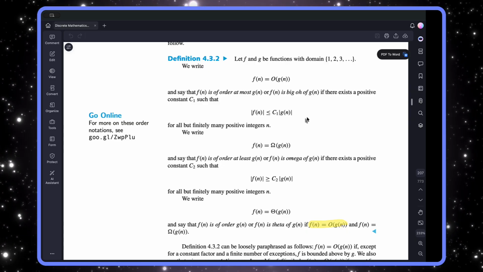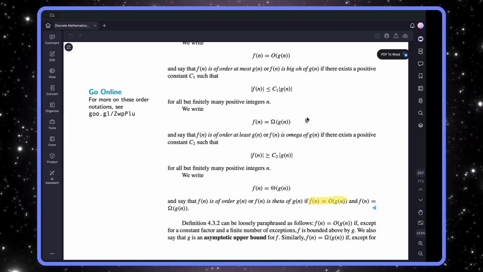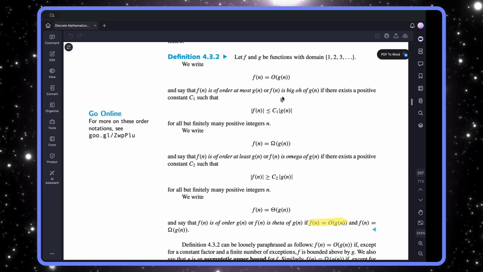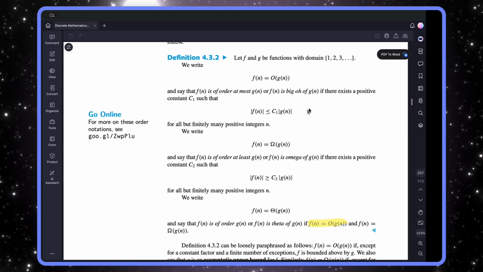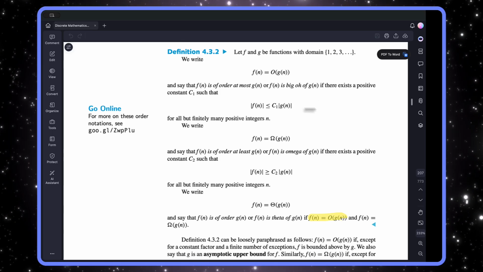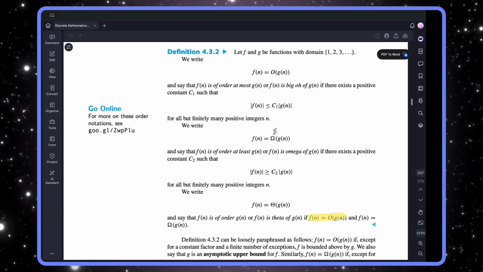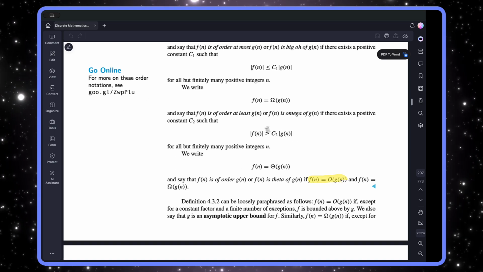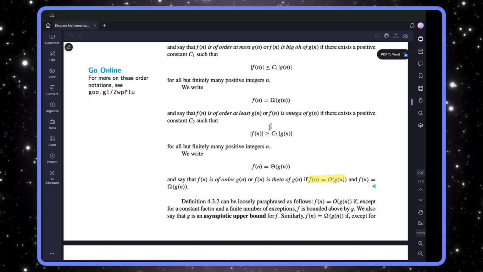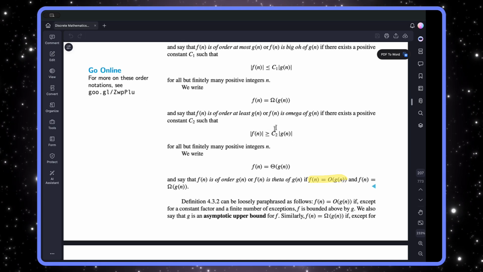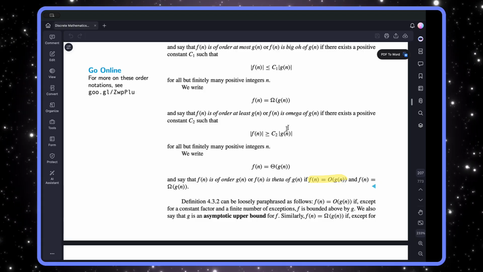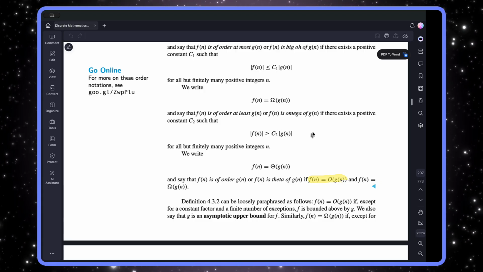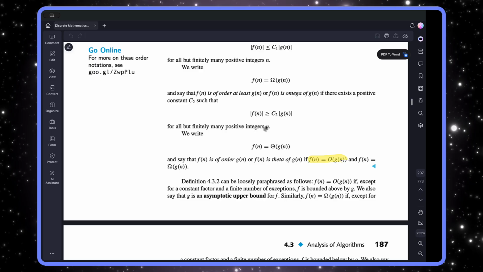So you've got this definition, and that's the way we write big O of g. We write f of n is omega of g of n if, in fact, the function we are interested in is larger than or equal to some constant times g of n, for all but a finite number of integers.